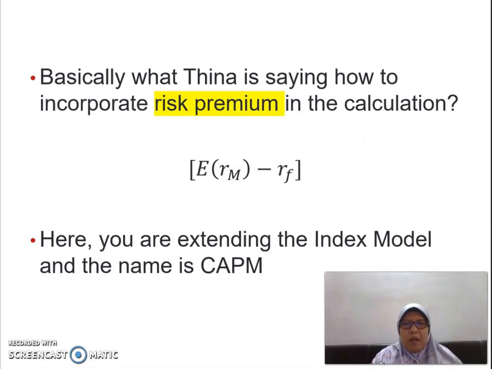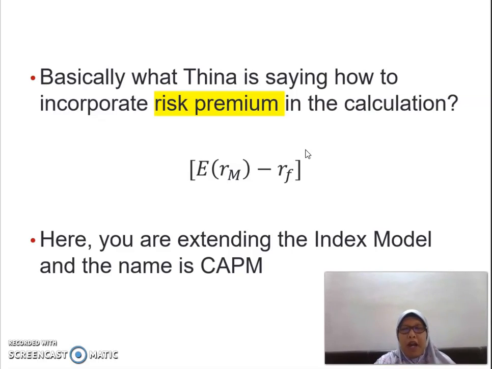So here, what Tina is saying is how to incorporate risk premium in the calculation. Remember, this is the risk premium formula. So here you are extending the index model and naming it the CAPM.